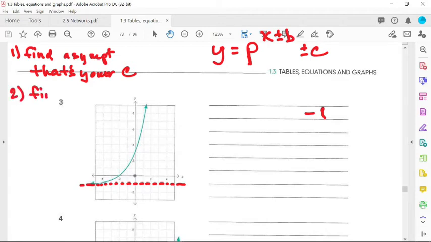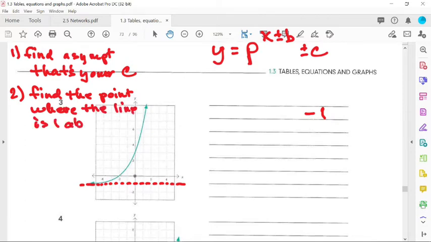Then, find the point where the line is 1 above the asymptote. Okay, 1 unit above. So, where is this thing 1 unit above? Looks like right there to me, yeah? 1 unit above the asymptote? Okay. And what value is that?